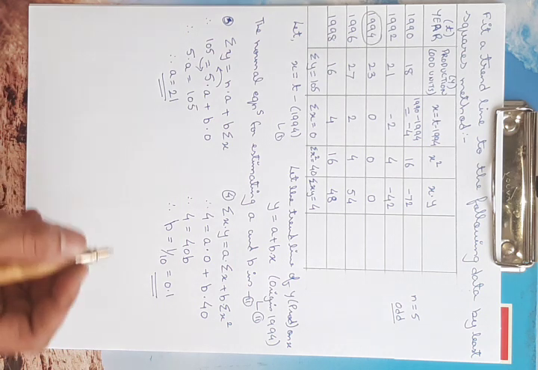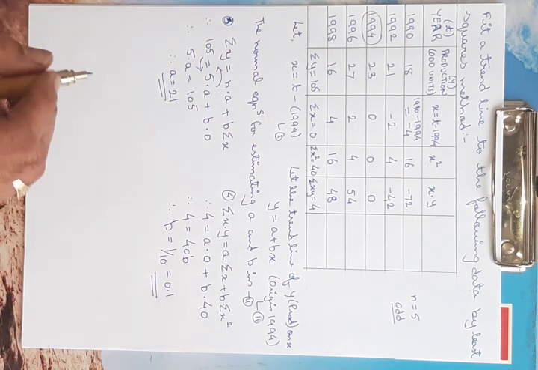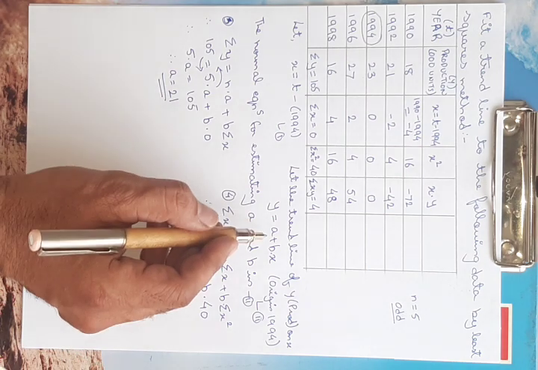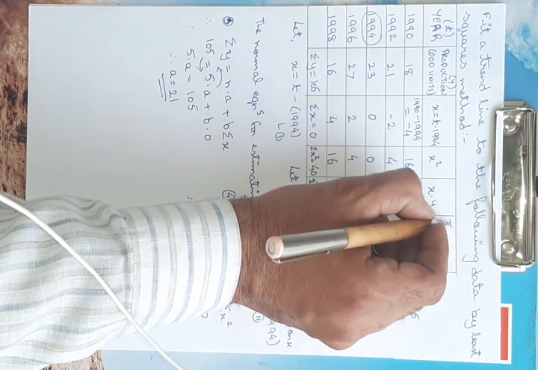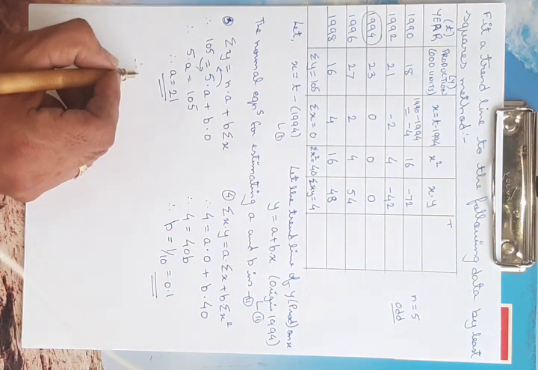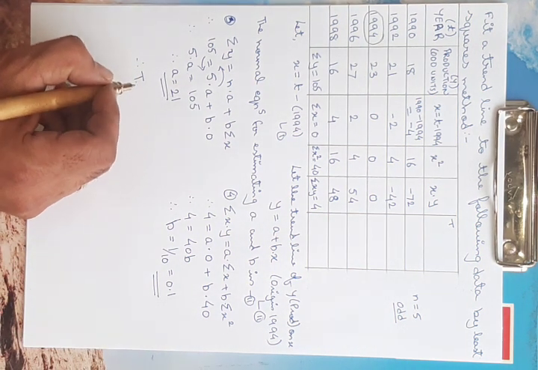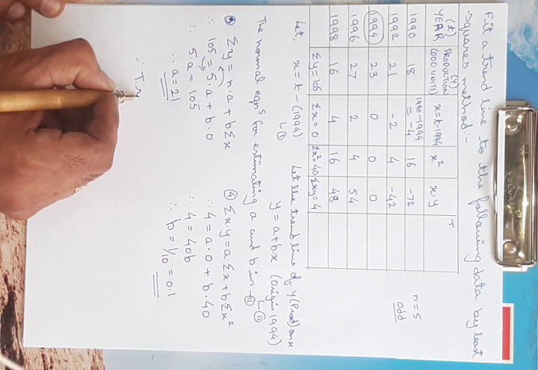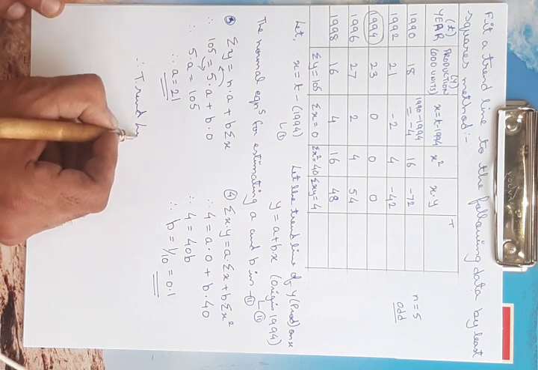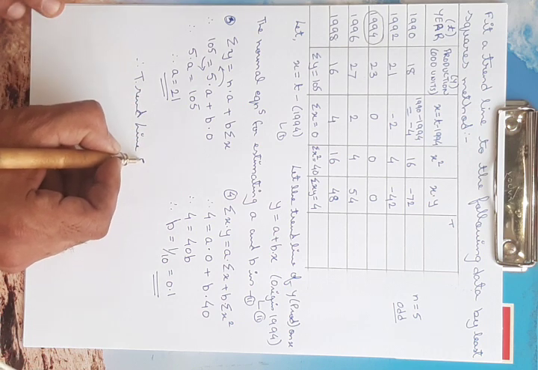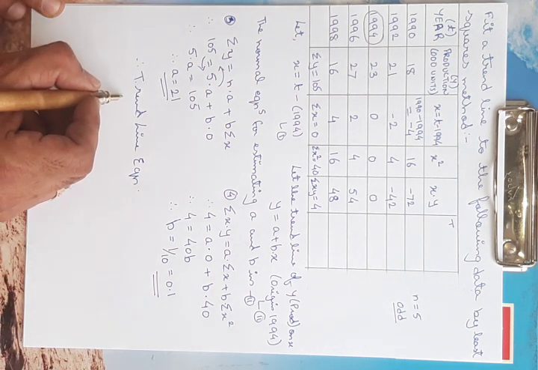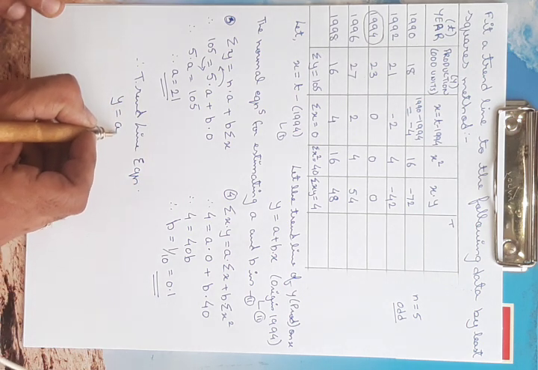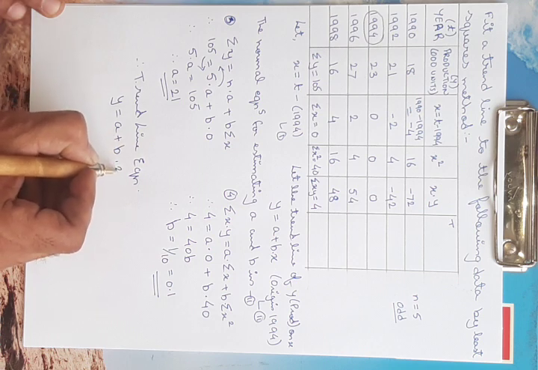Now coming back to the topic, the trend line equation, as we have seen, becomes y is equal to A plus B into x.